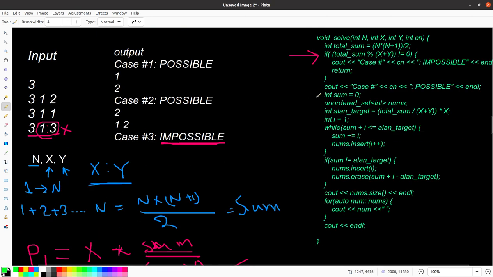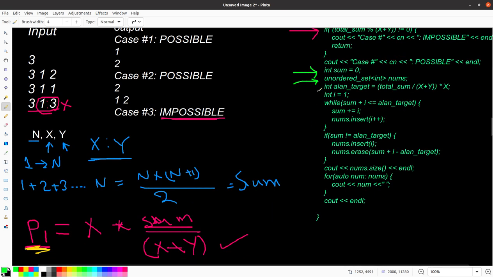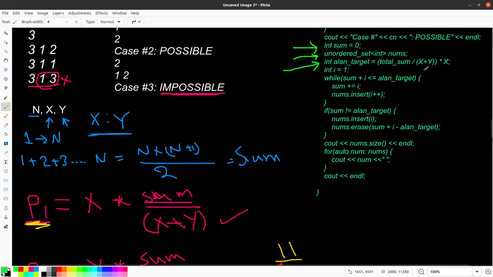So what we need to do in the code is, first of all, we have this variable sum, and we have this set that will store all the numbers for person 1, and the target summation for the first person equals total sum divided by x plus y, multiplied by x.